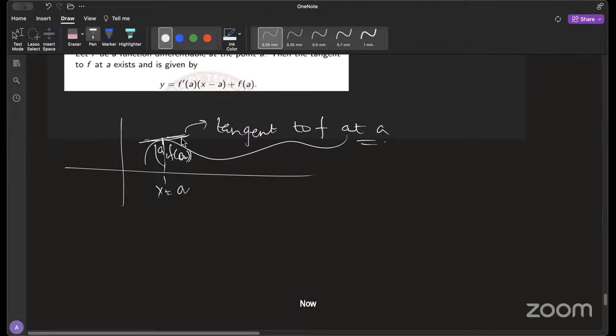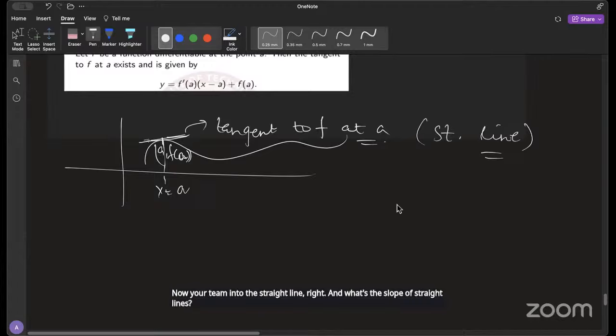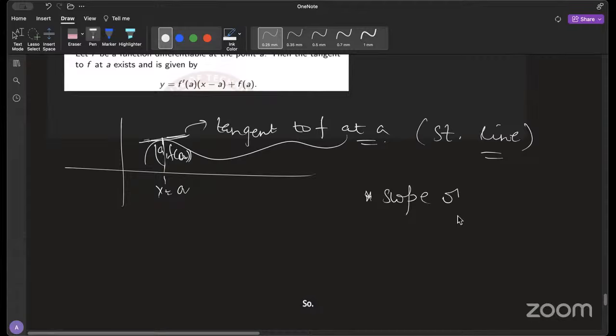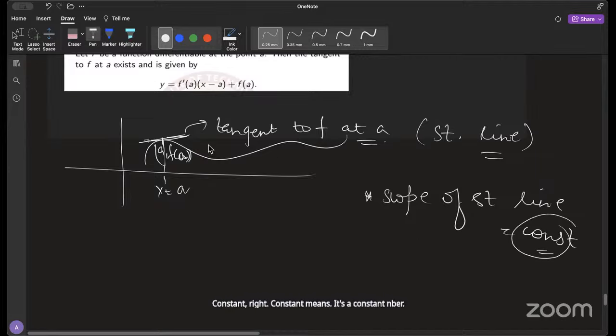Now your tangent is a straight line, right? And what's the slope of straight lines? The slope of straight lines is constant, right? Constant means it's a constant number, arbitrary constant.